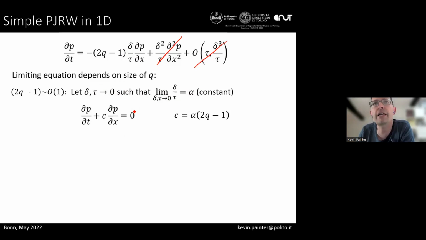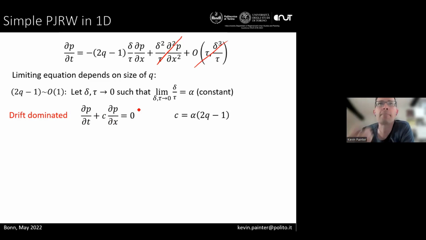And when we take that limit, we get a drift, a simple advection process. It's a drift dominated equation: dP by dt plus c dP by dx is equal to 0.